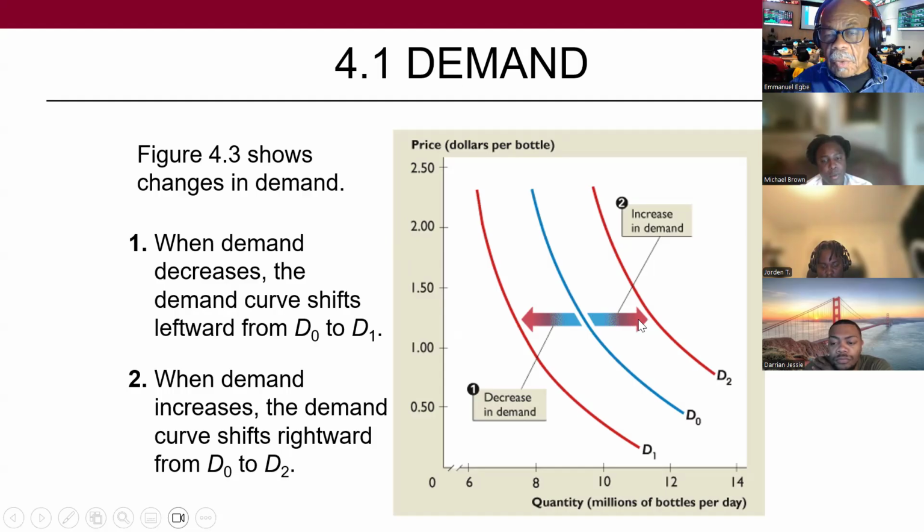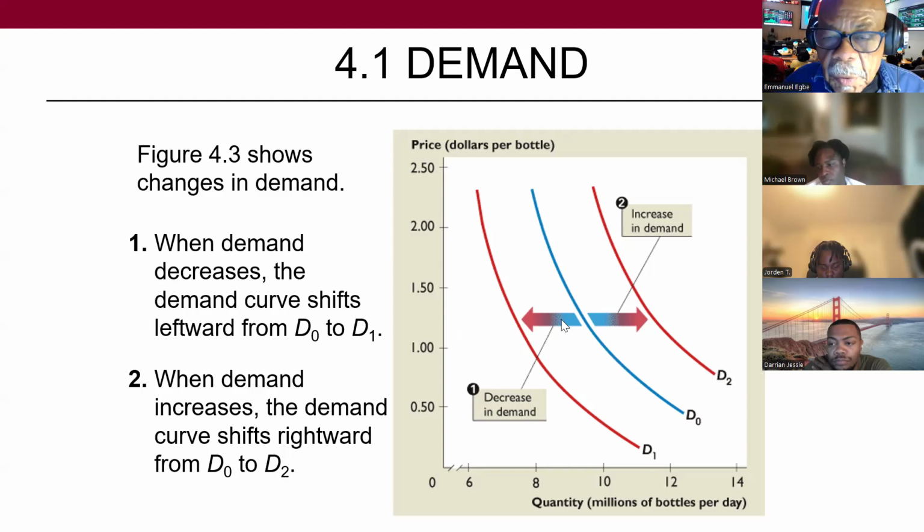As you can see, the arrow goes to the right, which means that for the same price of $1.50, instead of what we have here at the blue point, it will go up to the red point. The same thing goes. Now, what if there's a reason for people to believe that apples will cause problems? Then people will buy fewer apples and the demand curve will shift to the left.